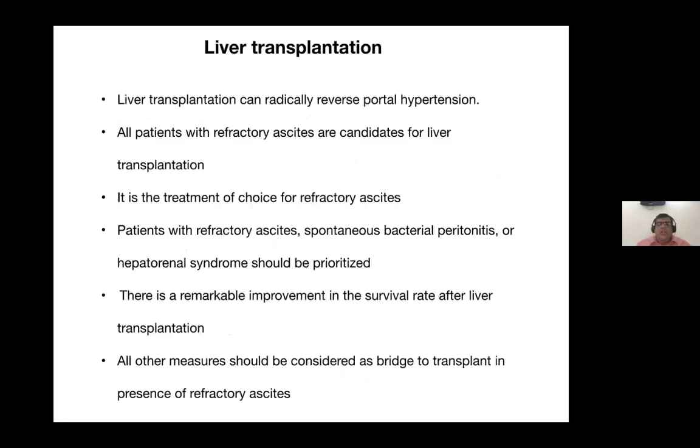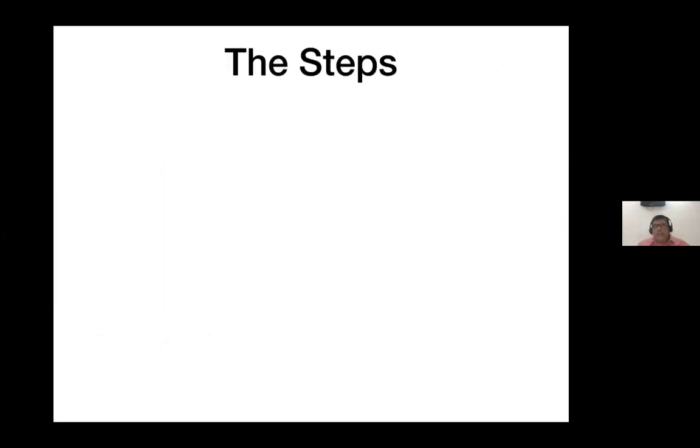Liver transplantation is the treatment of choice for patients with refractory ascites, and this is associated with radical reversal of portal hypertension and excellent survival after the transplantation. So, coming to the final steps, to summarize, we start with salt restriction as the first step for control of ascites.